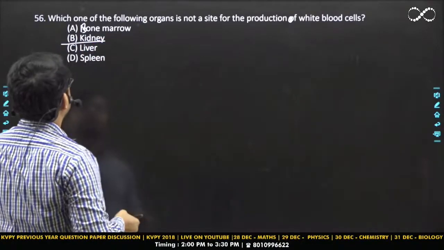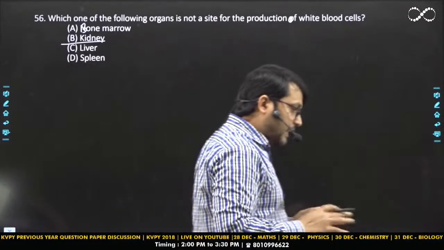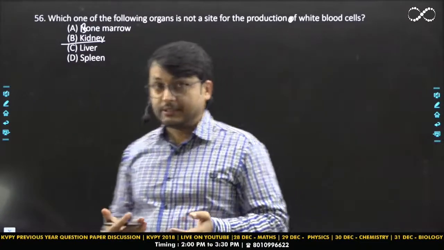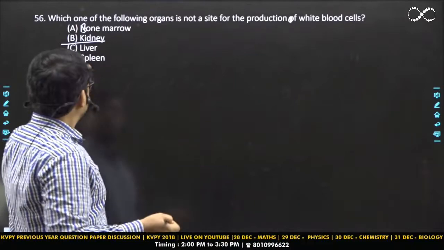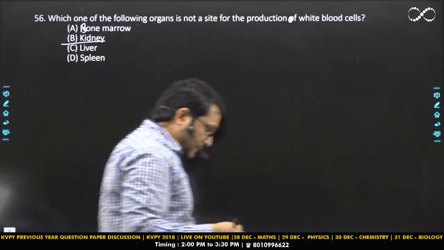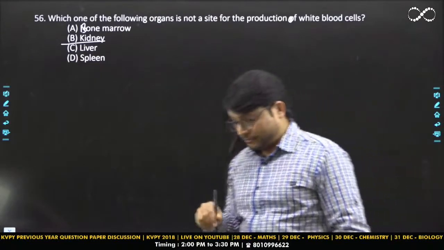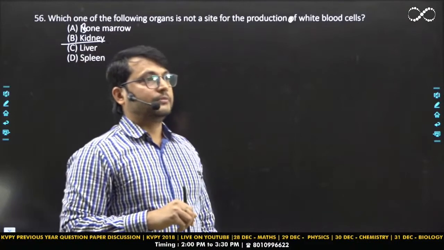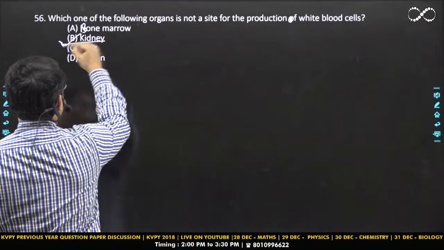See, bone marrow is the site of RBC, WBC, as well as platelet formation in adults, right? During childhood or during embryonic conditions, blood is also formed in the liver and spleen, right? Therefore, kidney should be the correct option here. Correct? Yeah, kidney is the right answer. Very good. Well done, all of you.